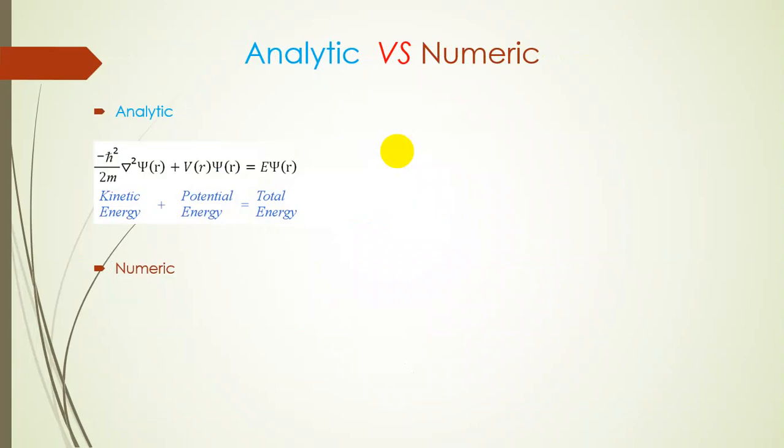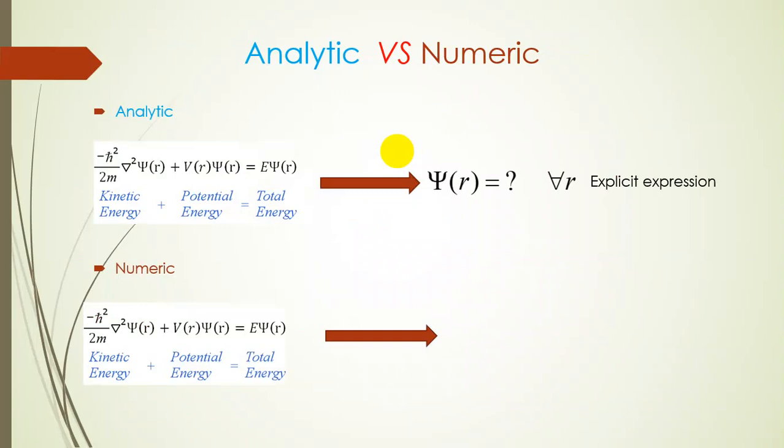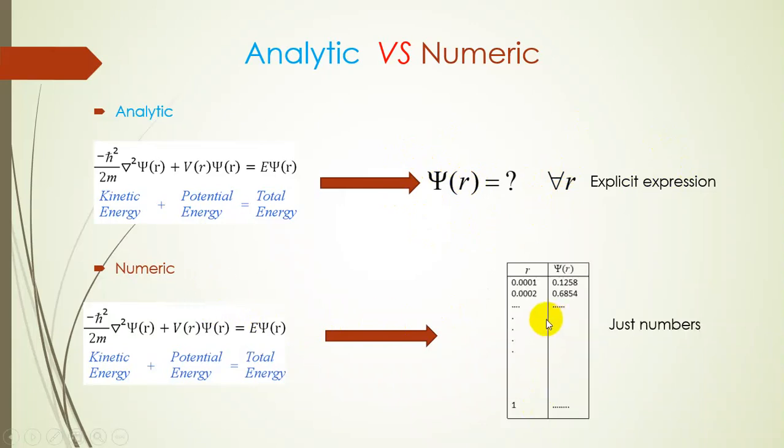With an analytic equation we have an explicit expression, so whatever r, we can derive psi of r. But in the numerical case, we have just numbers. We fix r in a fixed interval, and we have psi of r in the same interval. So we have just numbers, not an explicit expression.